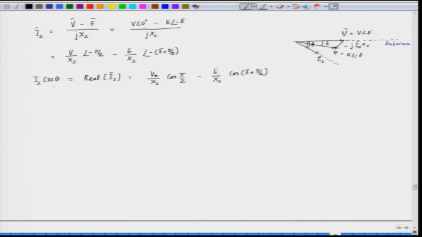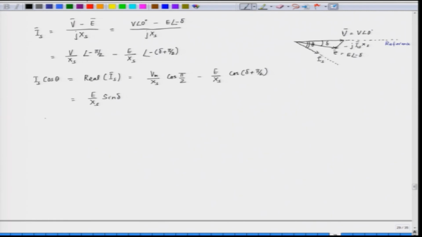We can simplify this: cos pi by 2, or cos 90, is 0, so the first term vanishes. The second term, cos (delta plus 90), is minus sin delta. So, this is E by X_s into sin delta.